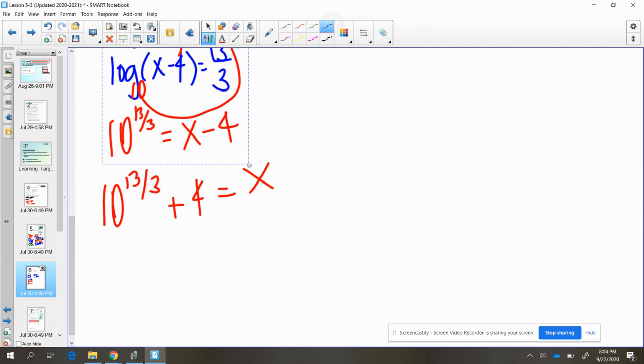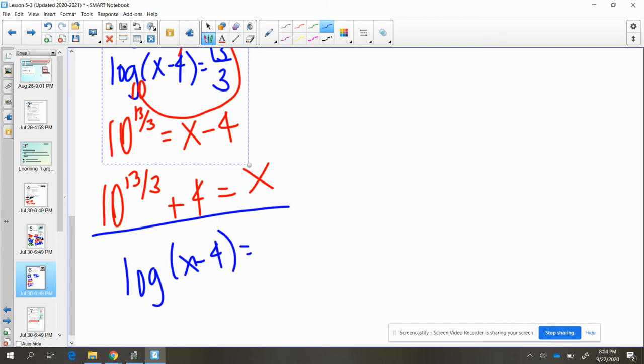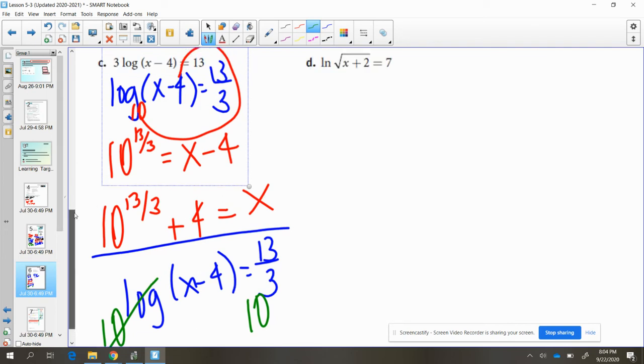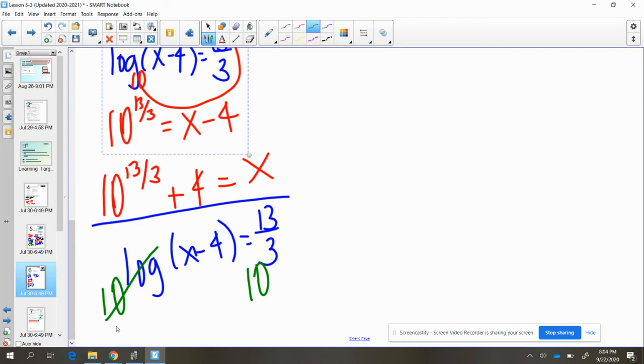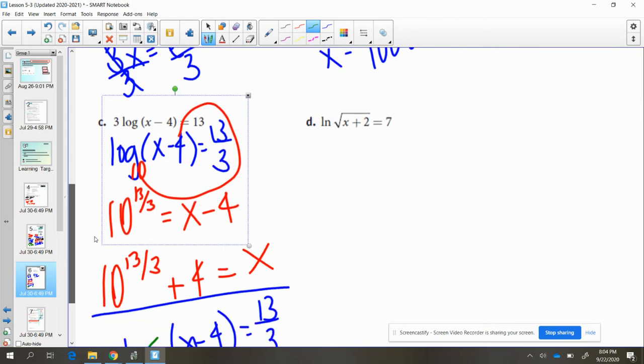If you got to this point here where we had the log of x minus 4 equals 13/3, you could also have started this like we were doing those other problems where this canceled out. You'd still get the same process no matter how you look at it, either rewriting the logarithm as an exponential or undoing the base like this. They are equivalent to each other, just trying to give you guys options.